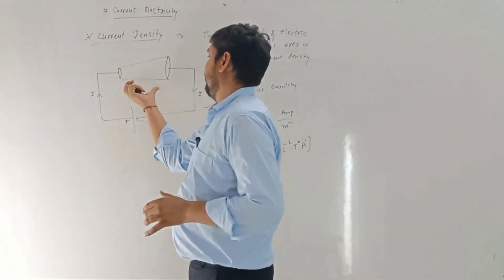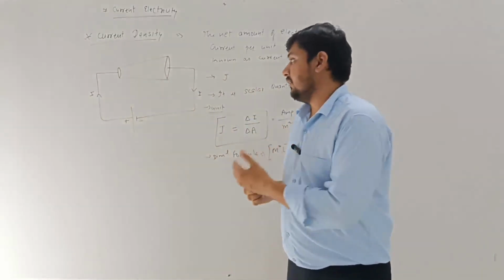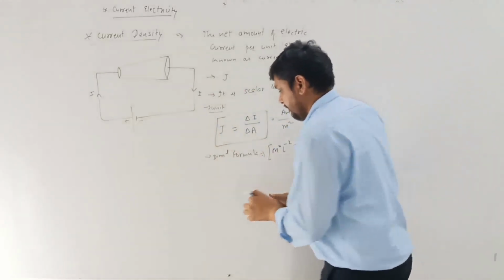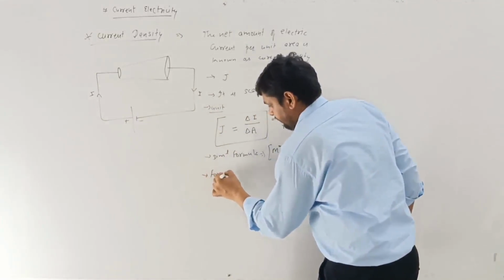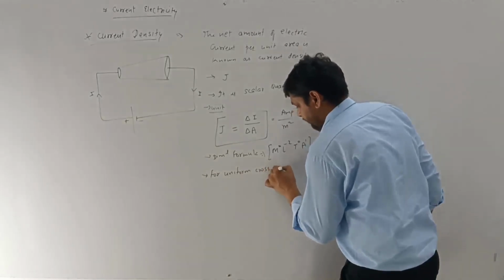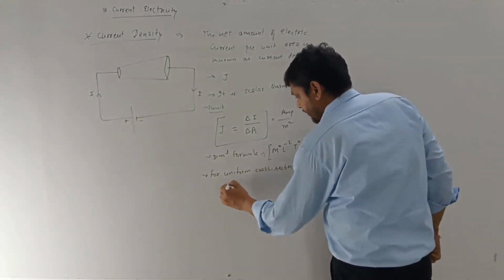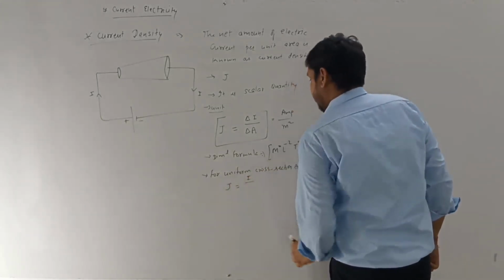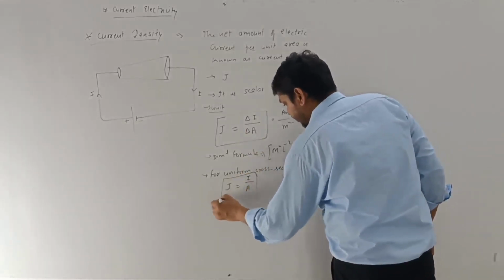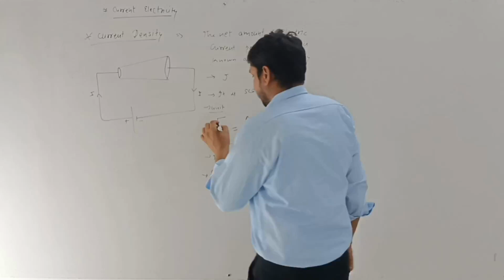If the conductor has a constant, or we can say uniform, cross-sectional area, then what is the value of J? For uniform cross-section area, J is equal to the net amount of current I and the uniform area A. Then J is equal to I upon A. This is for uniform and this is for non-uniform.